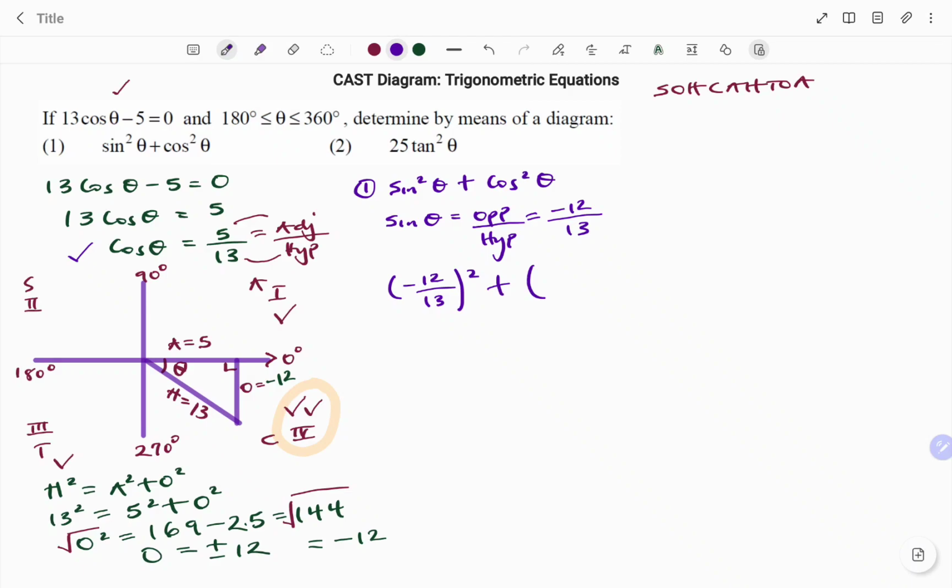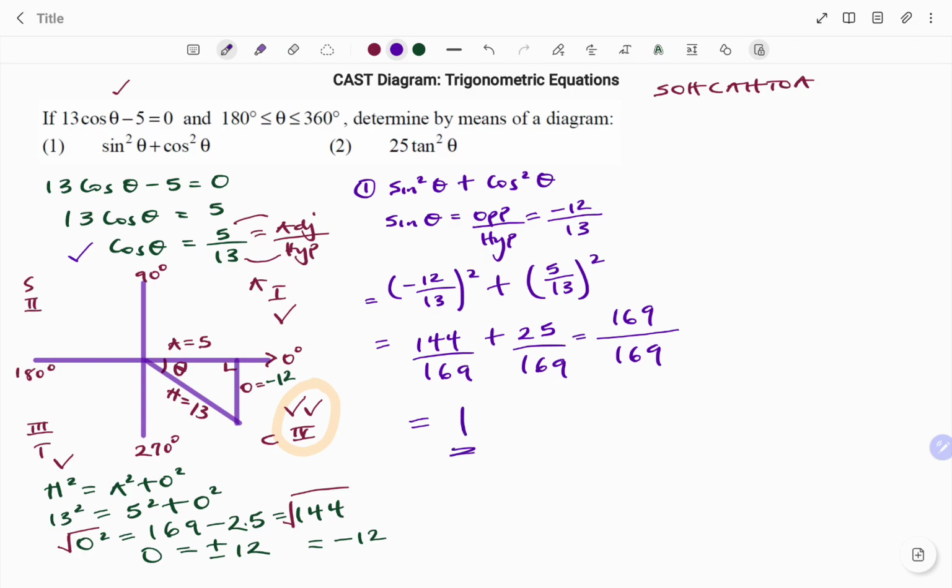We have cos from the first part of the question, that's 5 over 13 all squared. Simplifying further, we have 144 over 169 plus 25 over 169, because they have the same denominator. Applying the fraction rule, 144 plus 25 is 169. So therefore, sine squared theta plus cos squared theta equals 1.